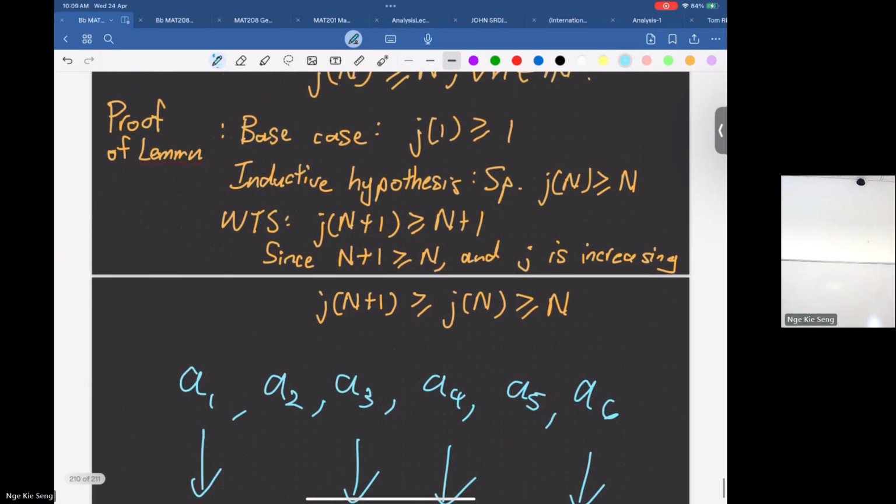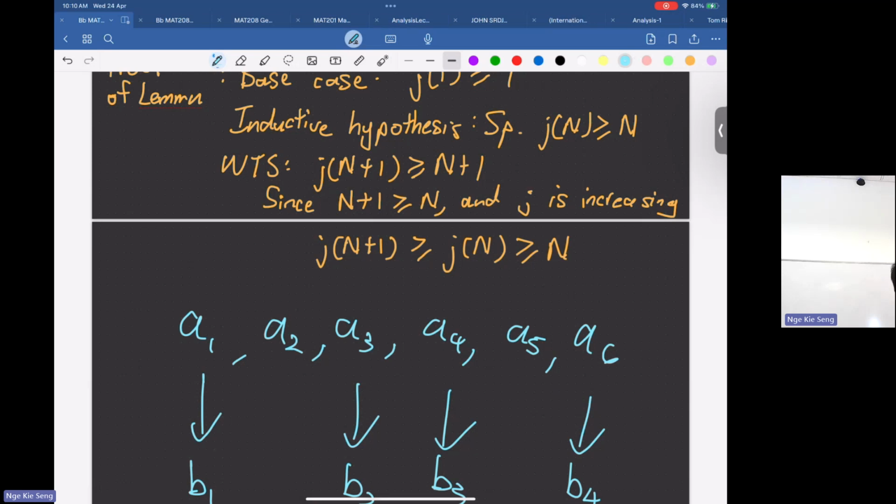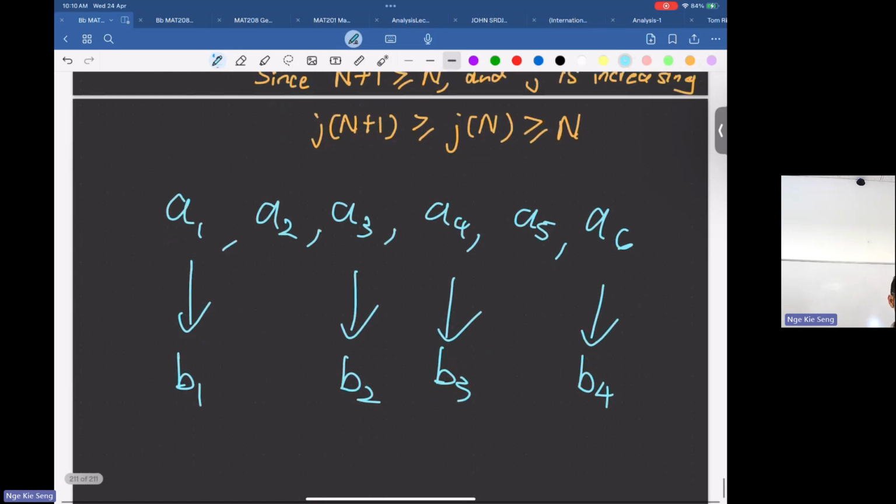Regarding this question, I think it's obvious from how we construct the subsequence.